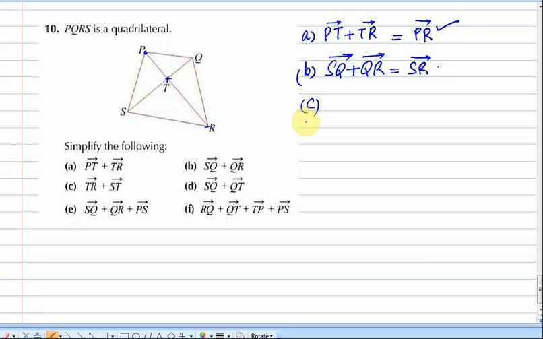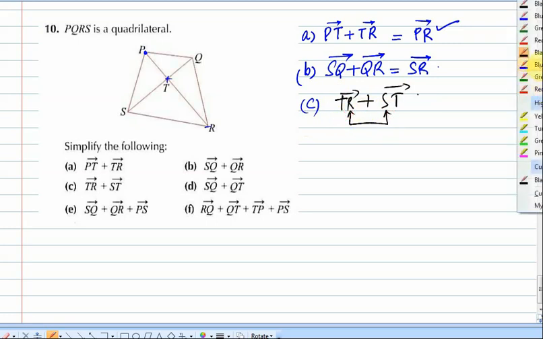Done? No. Alright. When most students write this TR plus ST, they are confused because these two alphabets are not the same. And then they will say, Sir, you didn't teach this, right?